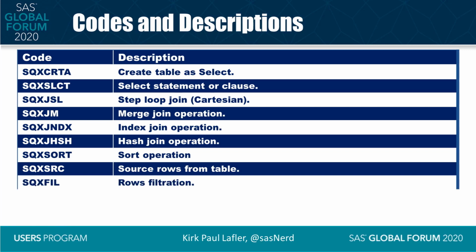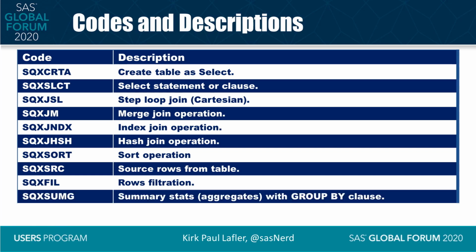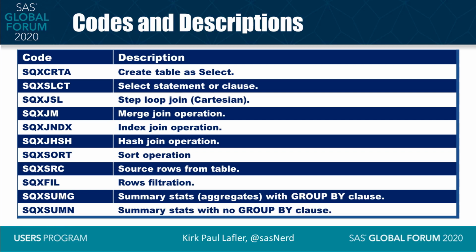SQXFIL indicates that there was row filtration occurring in the query itself. SQXSUMG indicates that an aggregate or summary stats were executed because of a GROUP BY clause. And SQXSUMN indicates that summary statistics were performed or executed when no GROUP BY clause was specified.